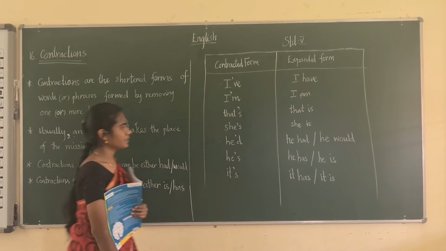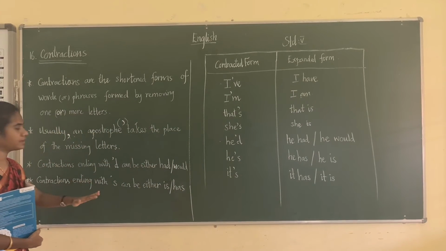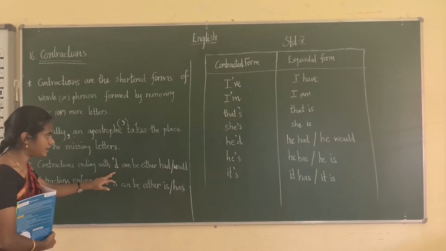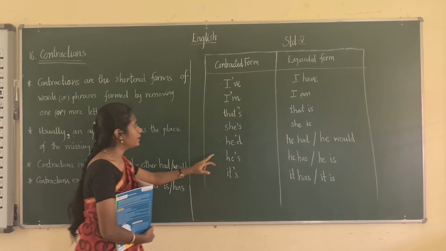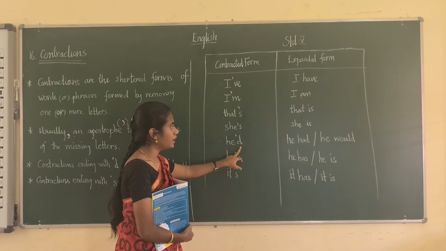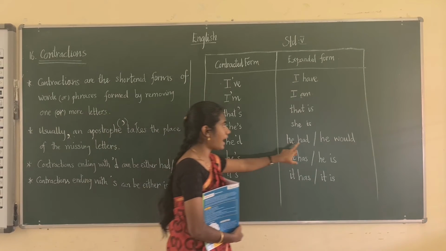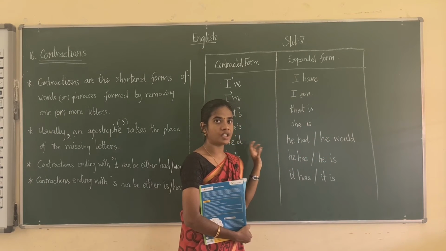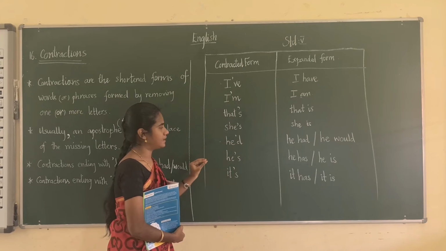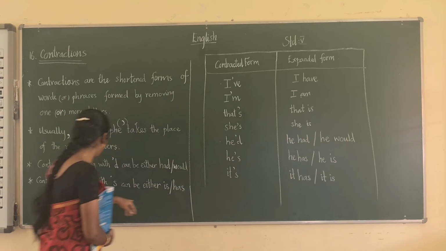Now see here, the same thing is given here. Contractions ending with 'd can be either had or would. Now see here, the contraction ends with 'd. Here it can be either had or would. We can write either, but it should depend upon the sentence. See the next example.